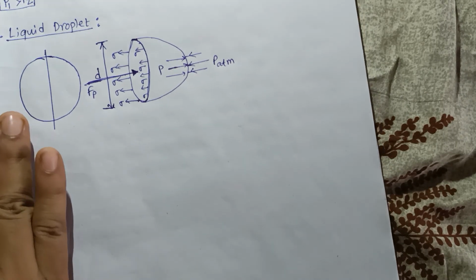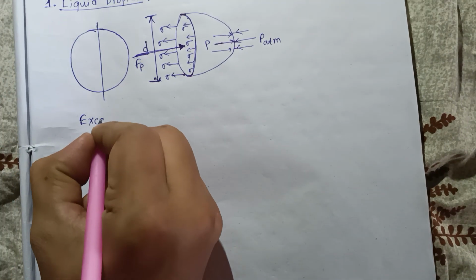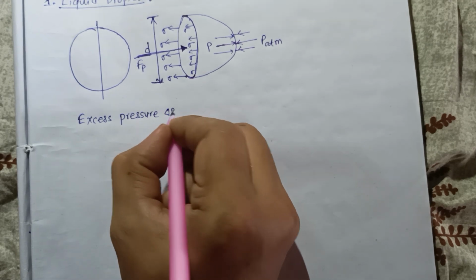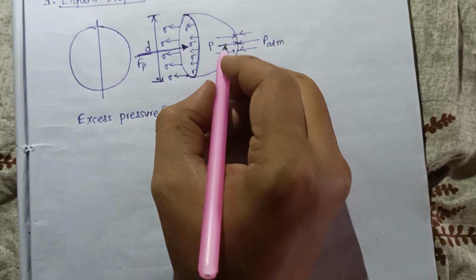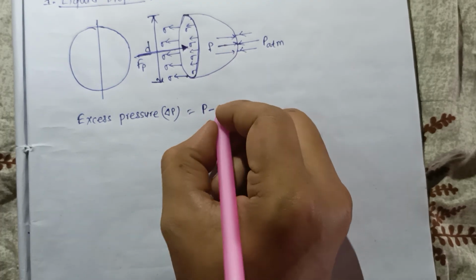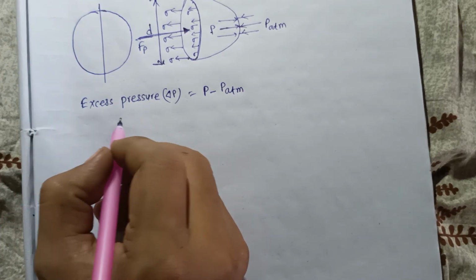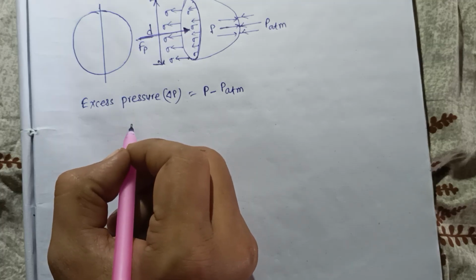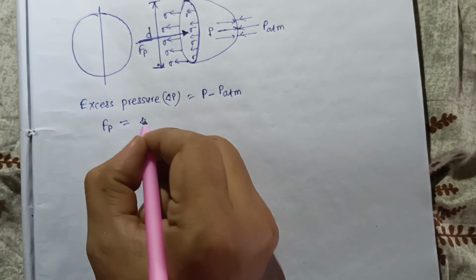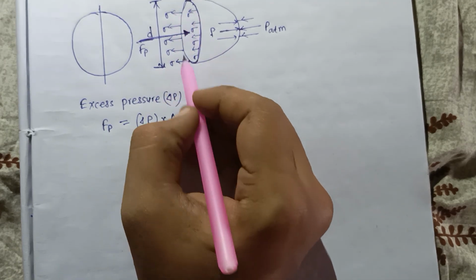So if you want to calculate the excess pressure, that is delta P. What is the larger pressure? That is P. So delta P equals P minus P atm, atmospheric pressure. And the pressure force Fp is equal to delta P into the projected area.